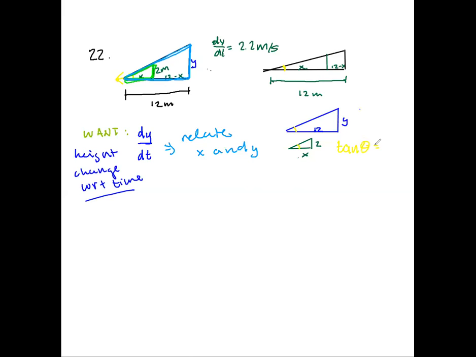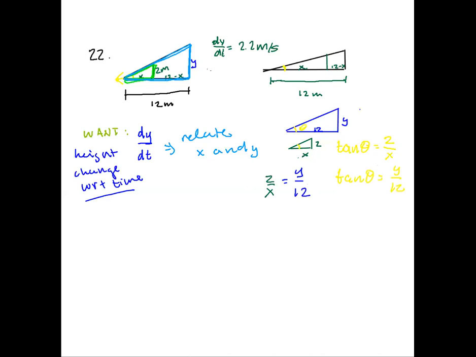We could say that tan theta is equal to opposite over adjacent, right? TOA, yeah. So that's 2 over x, and tan theta, whatever this angle is, is also equal to y over 12. So I can say that because tan theta is the same, 2 over x is equal to y over 12.